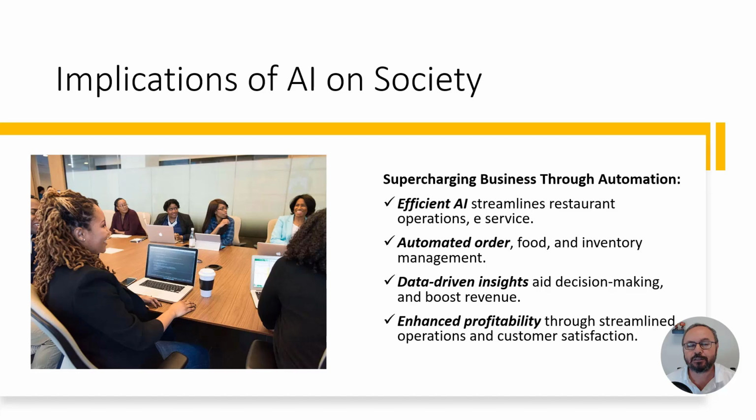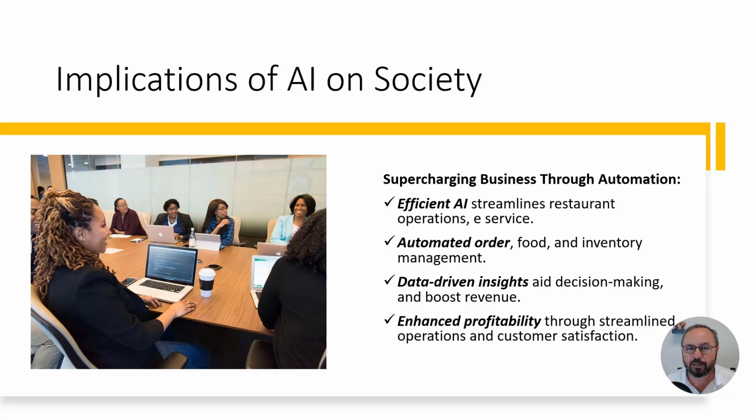However, it didn't take into account changes in behavior. We had COVID, and so there's a lot of dynamics there that AI just could not adjust to. It wasn't programmed to. Data-driven insight, so being able to make decisions quicker with better information. And hopefully, too, businesses certainly would expect better profitability as well.